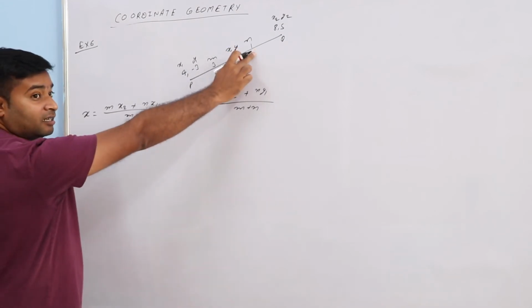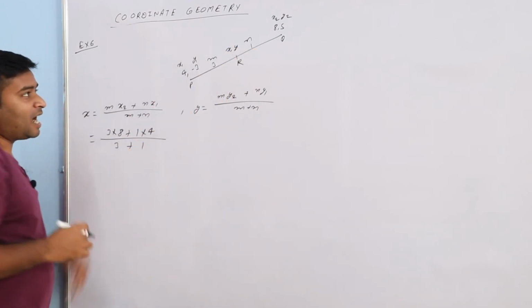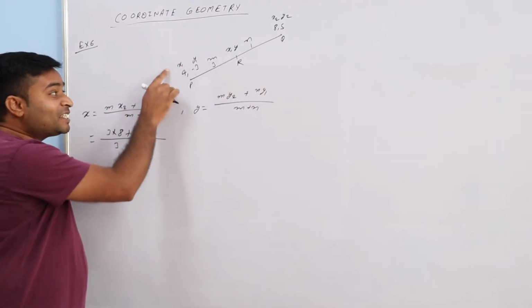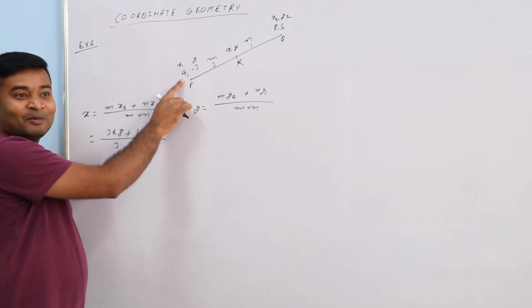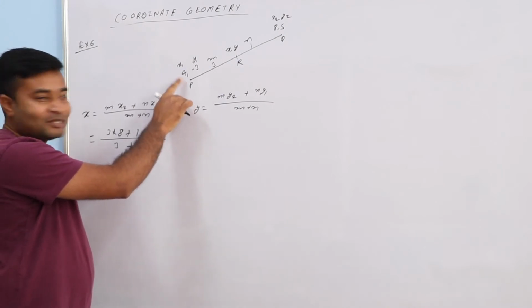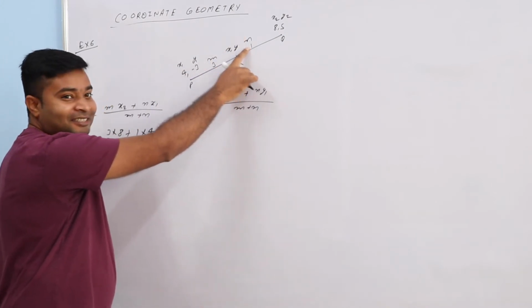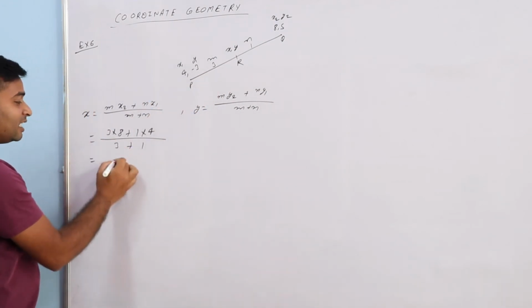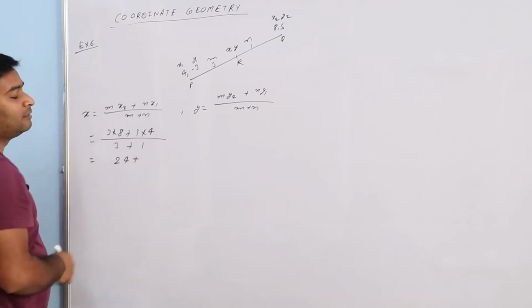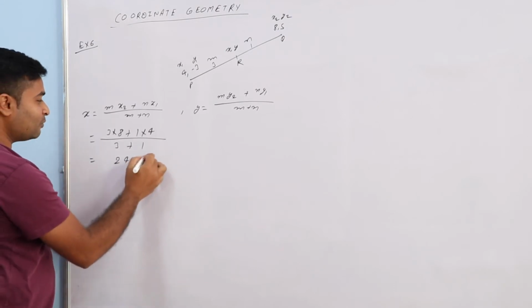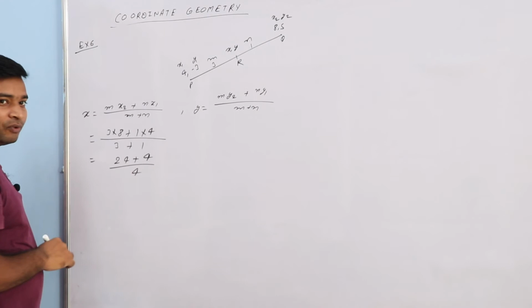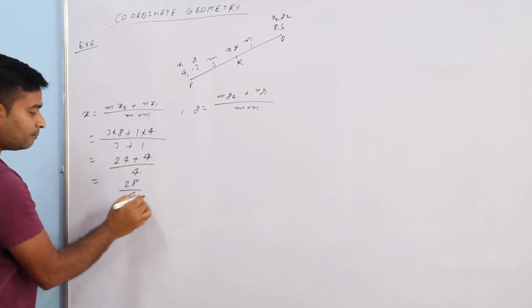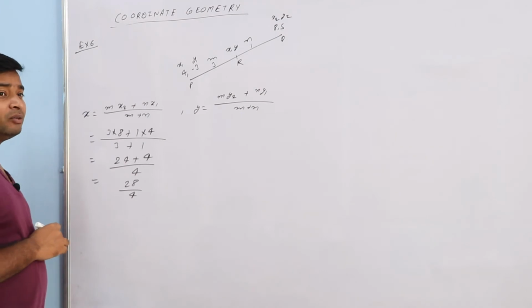What is n? 1. Now 8 threes are 24, plus 4, by 4. So this is 28 by 4. In the 4 table, 28 will come.